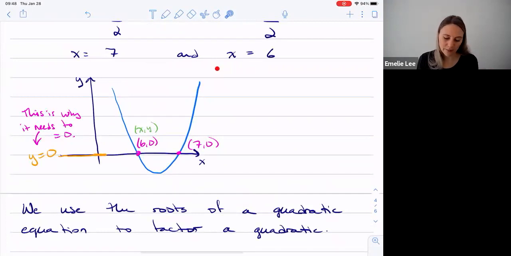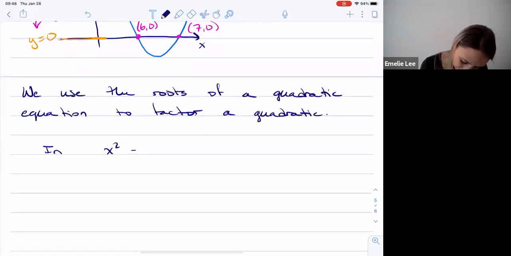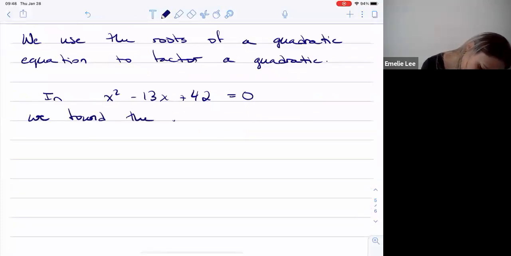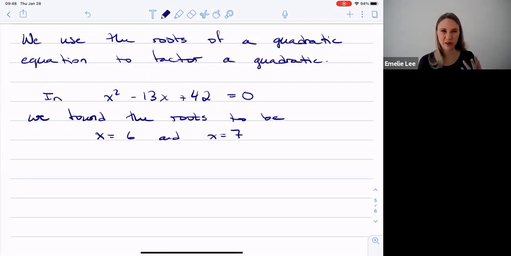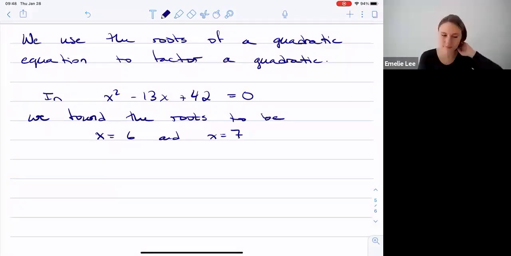So what we're saying is, in x squared minus 13x plus 42 equals 0, we found the roots to be x equals 6 and x equals 7. Just listing them in increasing order. Doesn't matter.